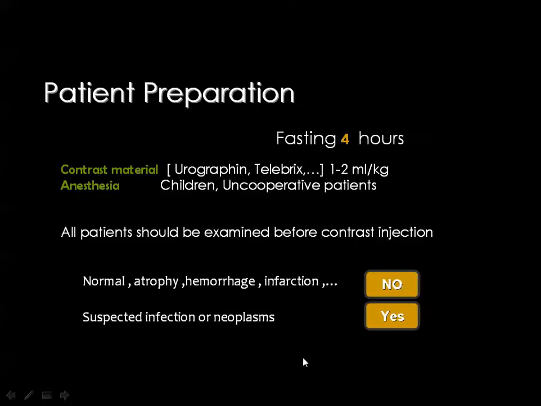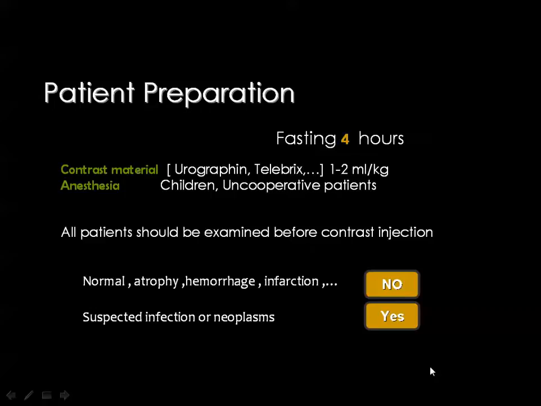Then all the patients should have an examination of the brain before contrast injection. Then we look at the images, and we then decide whether this patient is going to be injected with intravenous contrast or not.